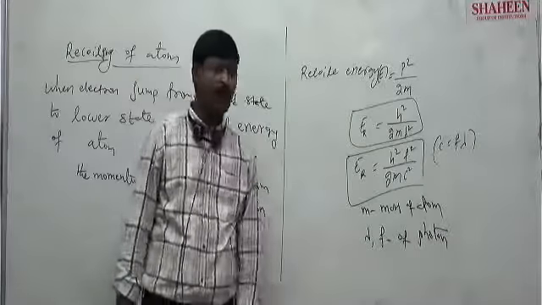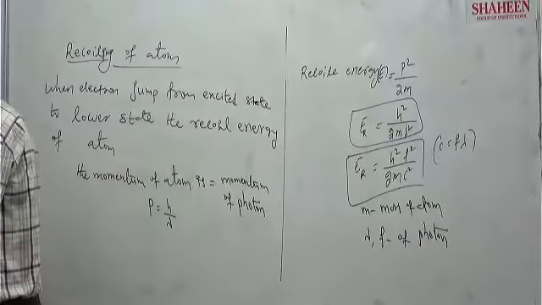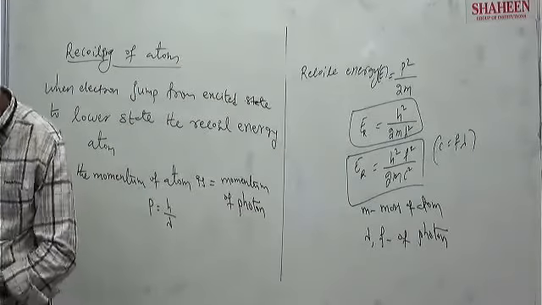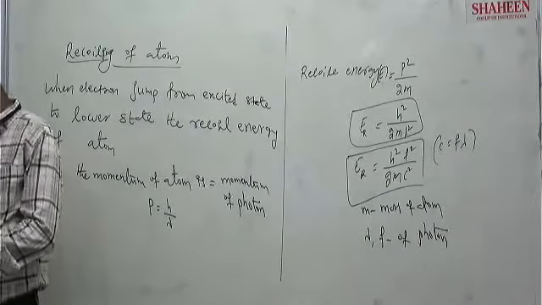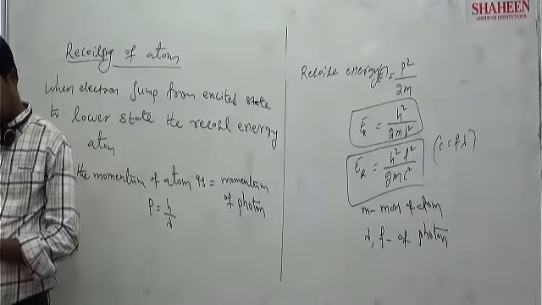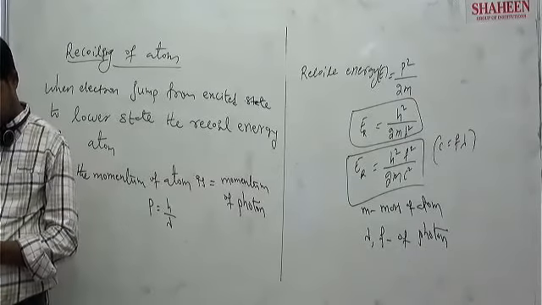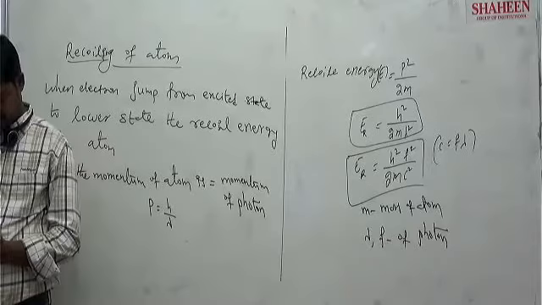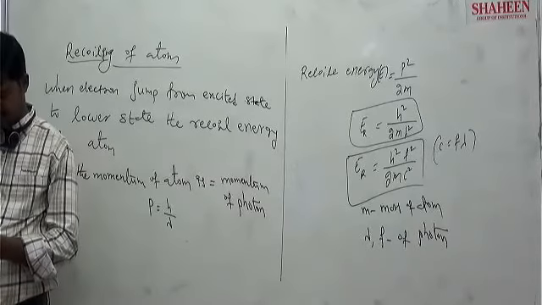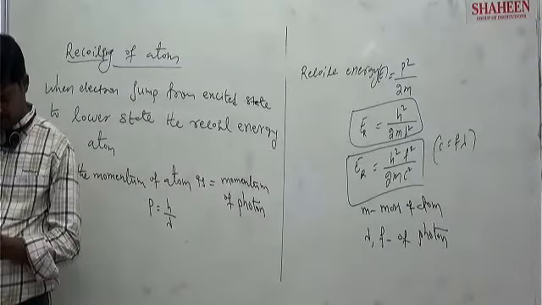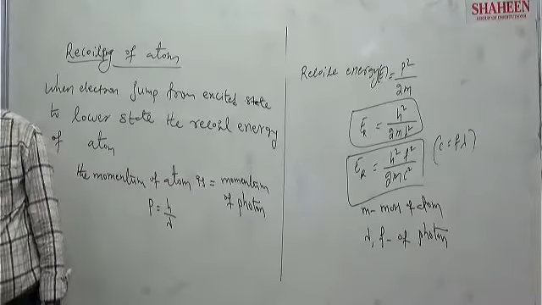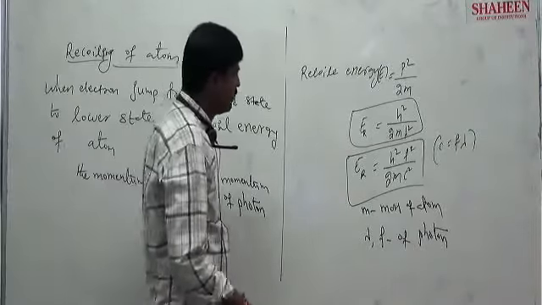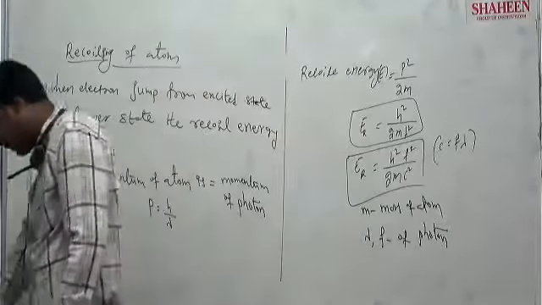So this is called recoil energy. Yes, that is the Einstein relation only, but you cannot write it here. Is it clear? This is recoil energy of an atom.